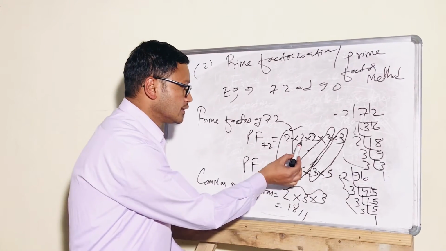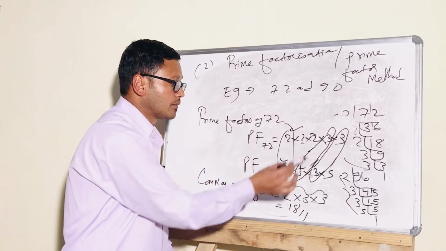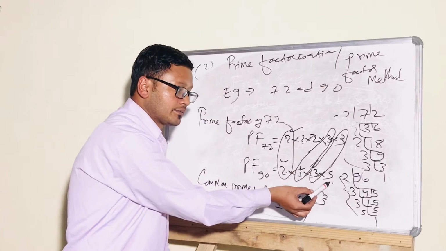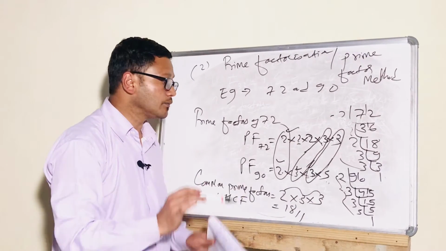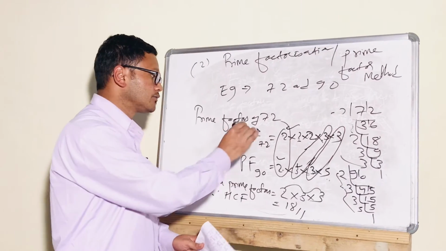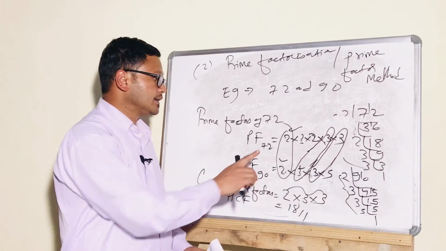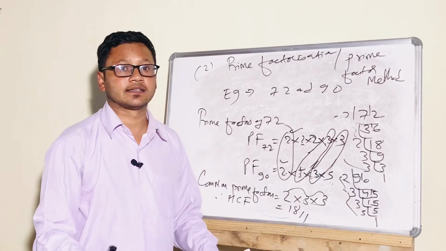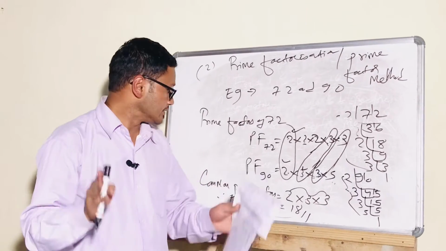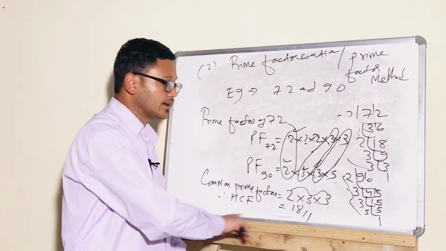But 2 is here and not here, so that 2 is not common. Even 5 is not common: here is 5, here is not 5. So we take the numbers that are in both factorizations, in 72 and also in 90. Those we take as common prime factors, and multiplying them gives the HCF.